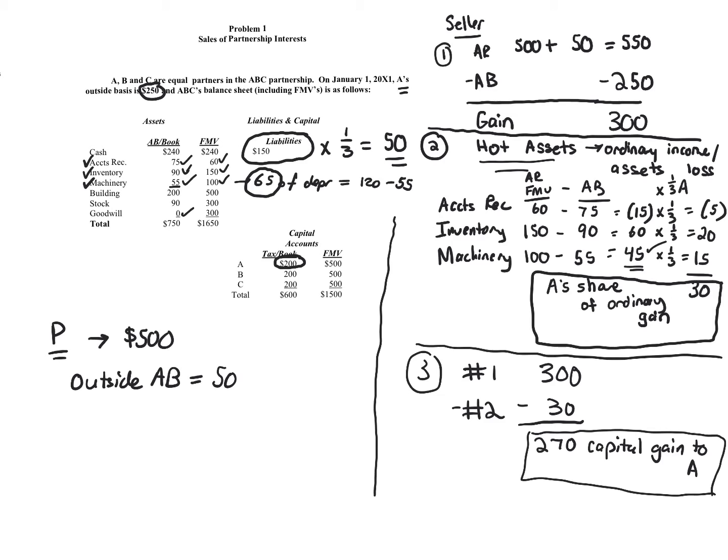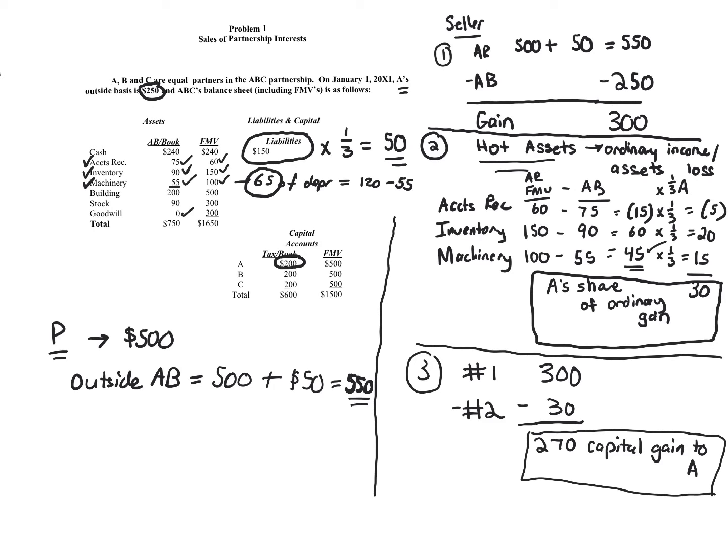Sorry, I put 5,000. My apologies. Plus, remember, there's also liabilities. You always have to allocate liabilities when it comes to partnerships, plus the $50 of liabilities. So this equals $550. So P's outside basis is $550.